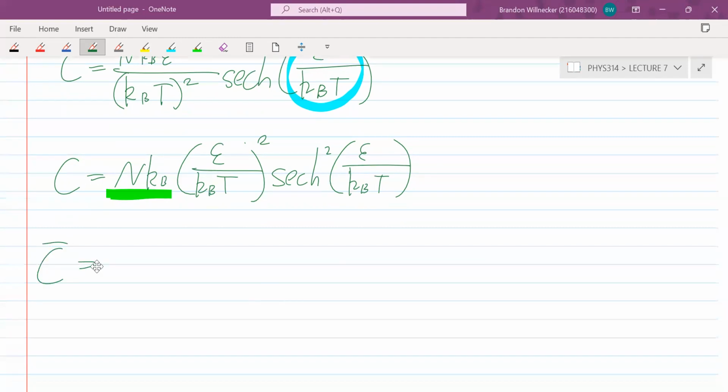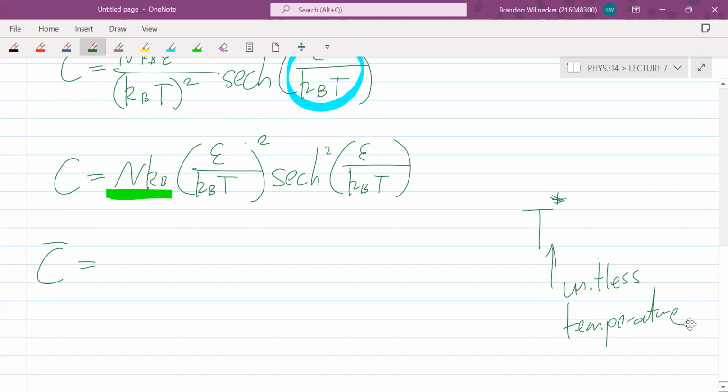I think if you look on Wikipedia, you might see things like T star for something that is unitless, unitless temperature, for example. But you can write down whatever you like, as long as you make it clear what it is. So this is going to be C over nkB. The numerator has units of heat capacity. The denominator has units of heat capacity.